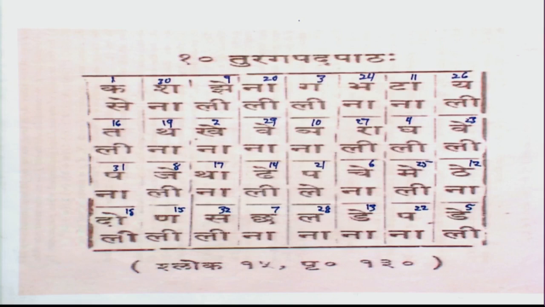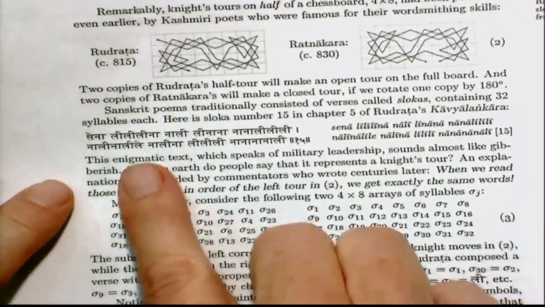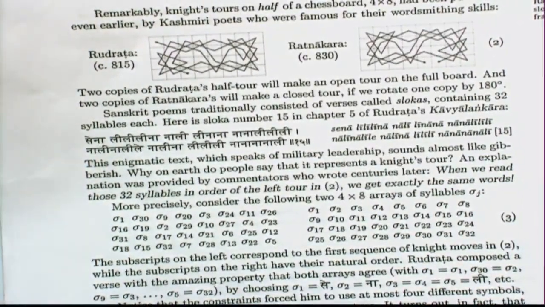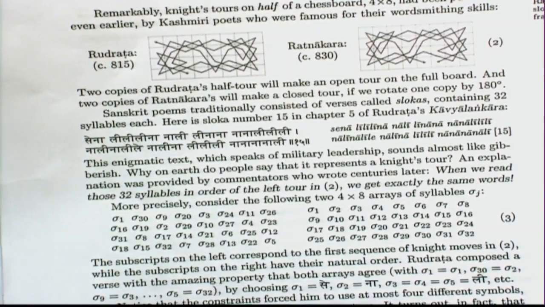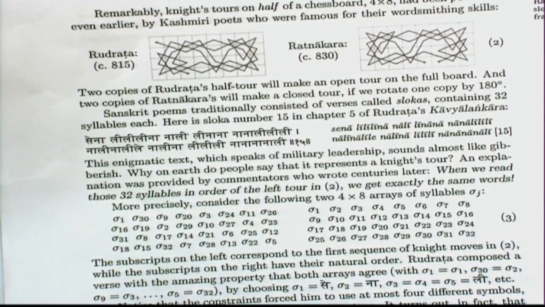Now, however, nobody actually noticed that that's not the only knight's tour that matches this pattern of li, li, li, na, na, na, na. It turns out that the total number of knight's tours on a 4x8 is 62,176. And if you look at all of them, only one of them, and its dual, have 12 different syllables.